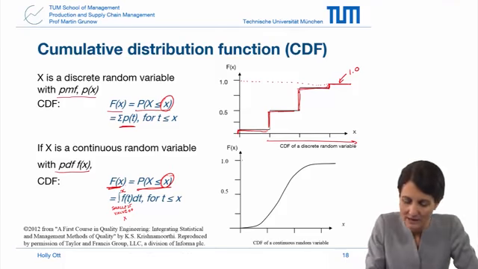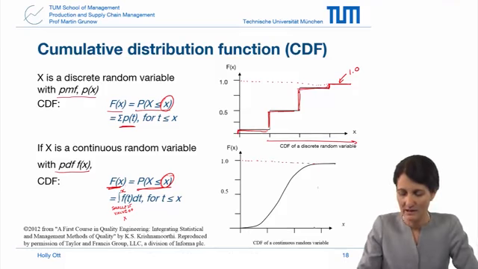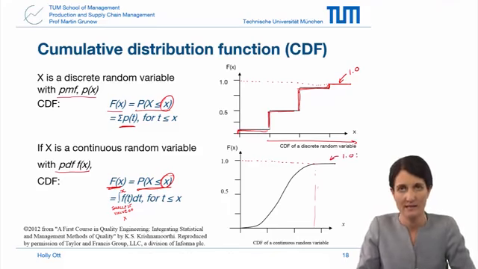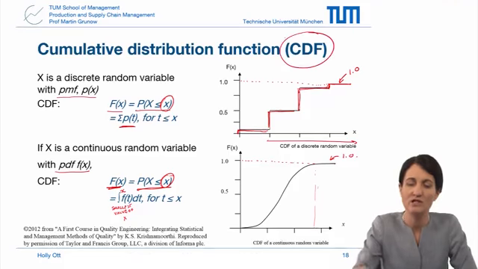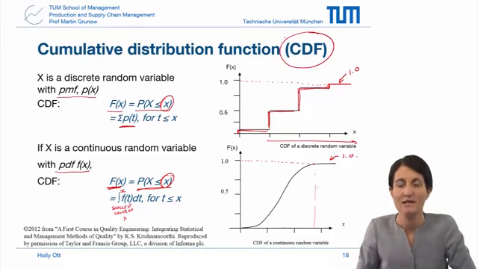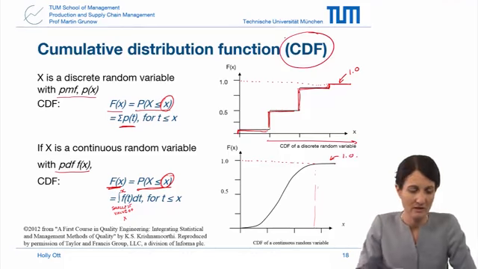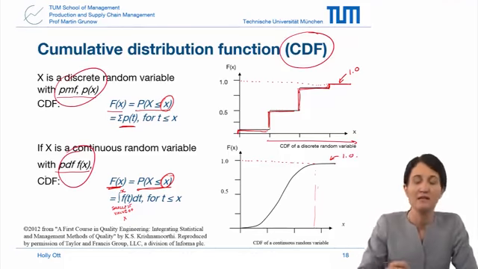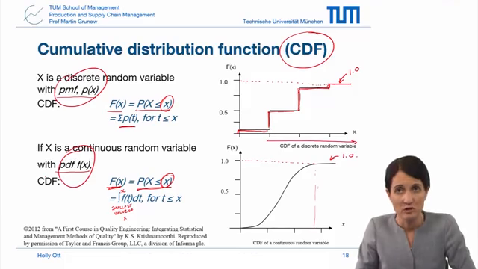But likewise, once we get to the maximum value that x can be, you see that this is equal to 1.0. So in both cases, for the continuous and the discrete random variables, for the distribution function, you start with the lowest possible value of x. You look at the probability, either p of x or f of x, and then you start to sum that.